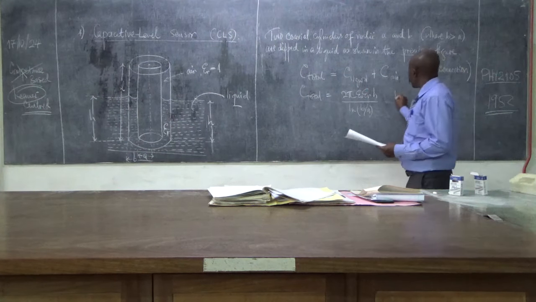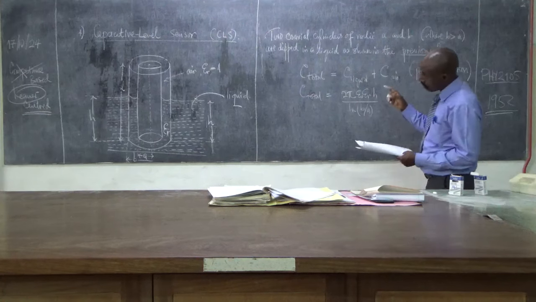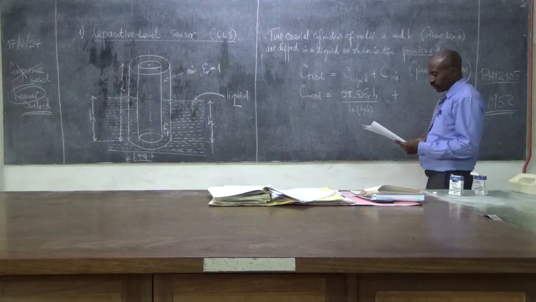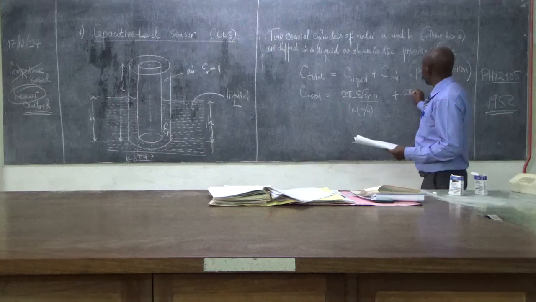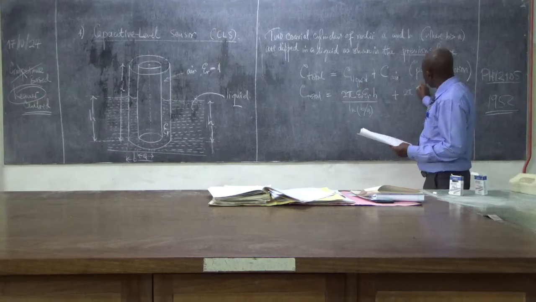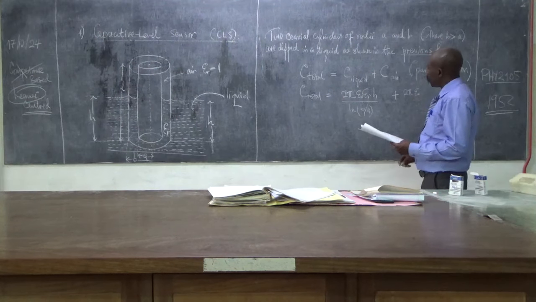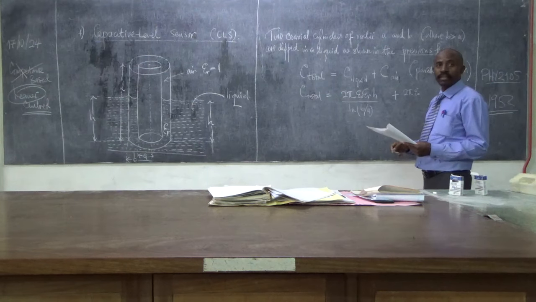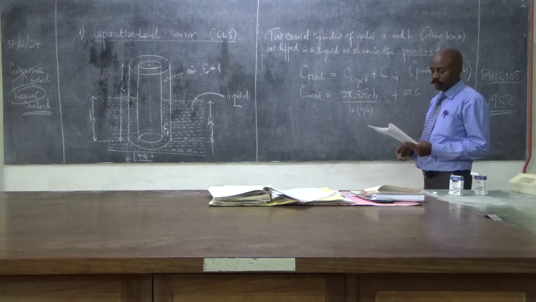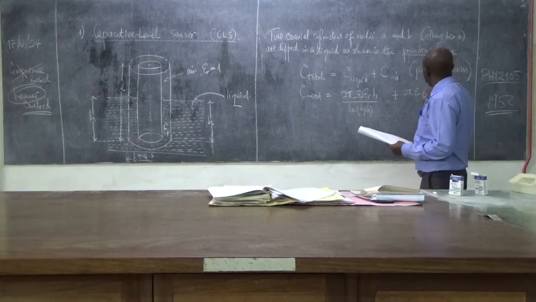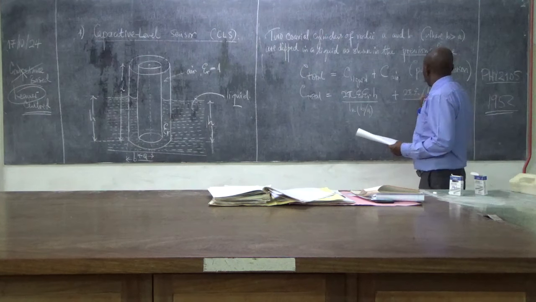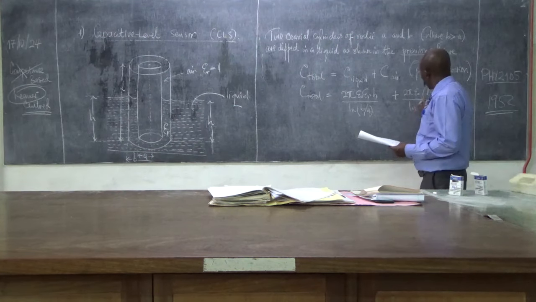And then we add the one of air. The one of air is L minus H, that is the only different thing. So it becomes 2 pi epsilon naught, and then epsilon r; we're saying that the dielectric constant of air is approximately 1. Then we have L minus H, then we divide by the natural log b over a.